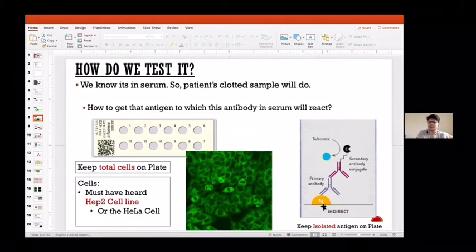So through protein isolation methods, we can separate the protein and keep it on the plate. Remember this point very importantly: we are not keeping the original form of antigen. We are keeping a separated, modified form of antigen on the plate.